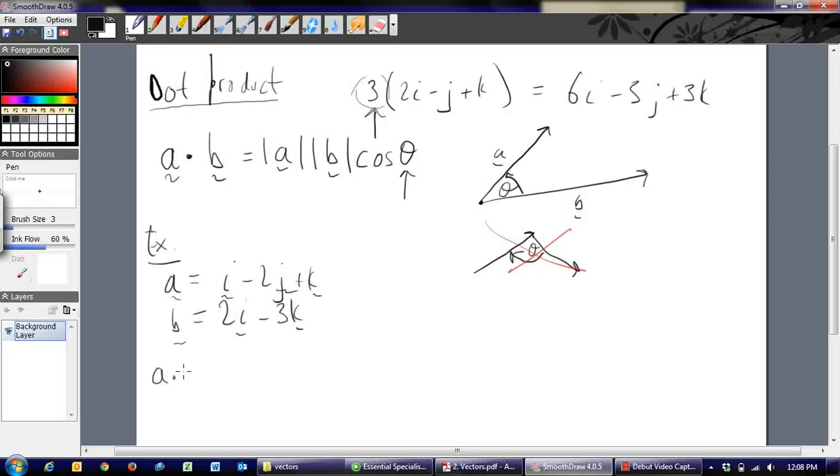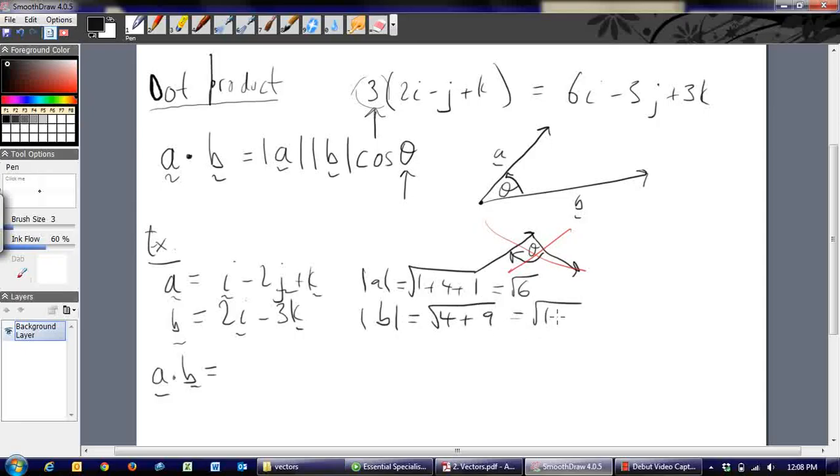If you've got those two, then what's A dot B equal to? The dot product is the magnitude of A. Now the magnitude of A will be equal to the square root of 1 plus 4 plus 1, which is root 6, and the magnitude of B is equal to the square root of 4 plus 9, which is root 13.